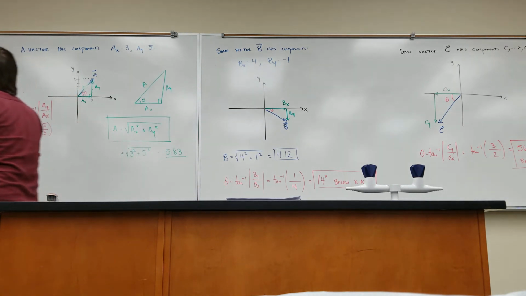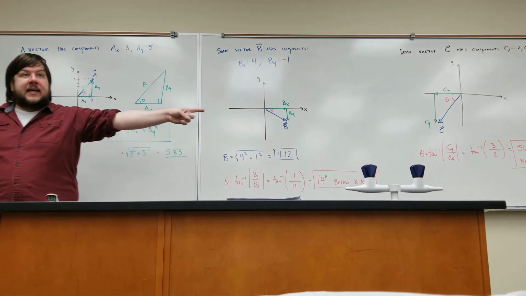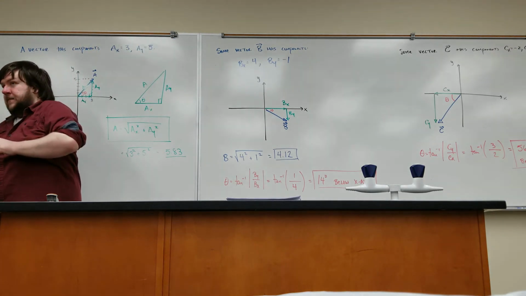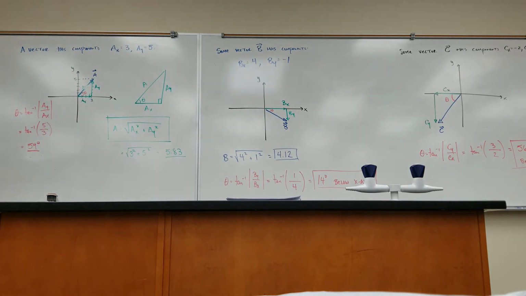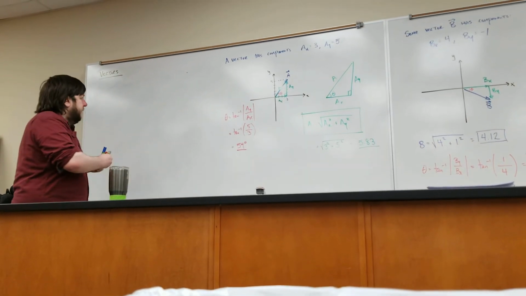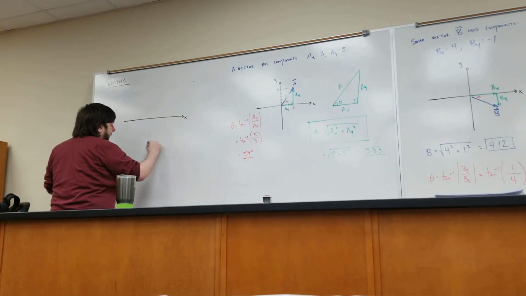Mastering Physics typically asks for angles to be measured counterclockwise from the positive x-axis. So starting from the positive x, measuring counterclockwise. That is not that angle that we found for vector C, but we can find that angle from our answer.